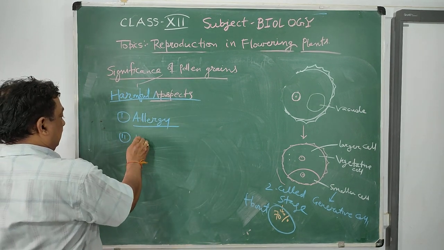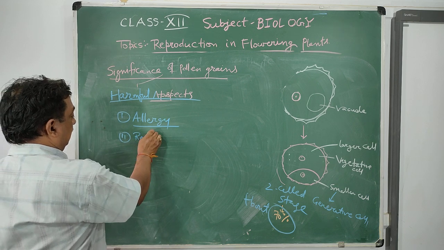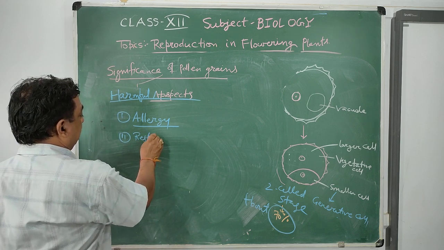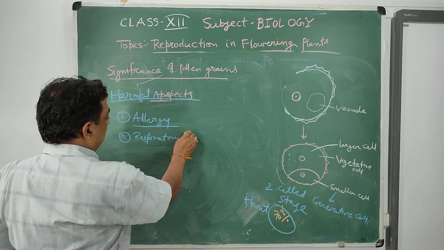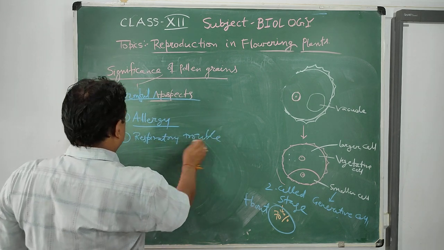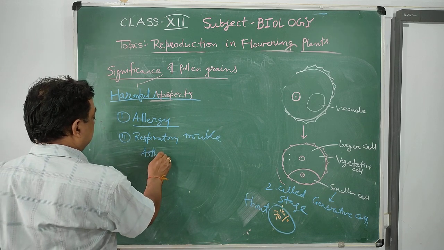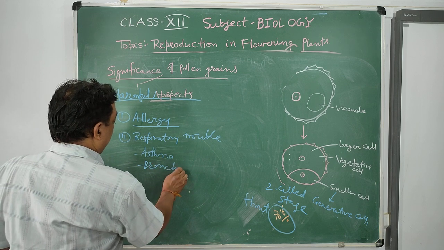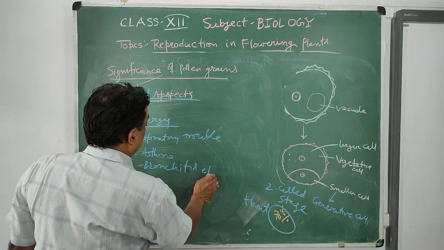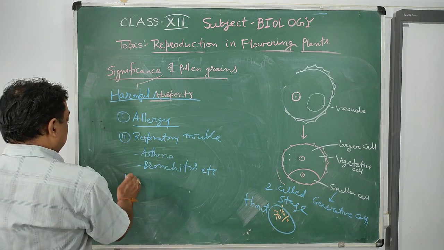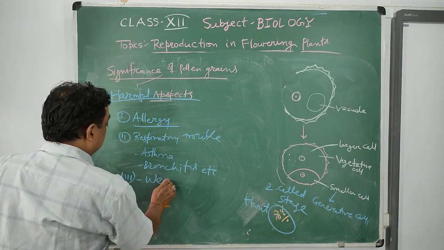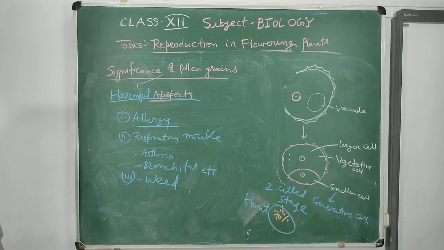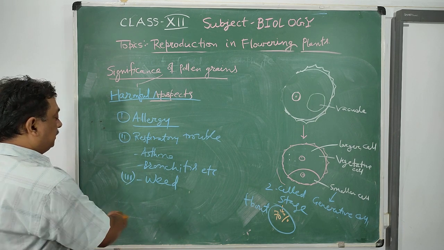It causes respiratory trouble like asthma, bronchitis, etc. Some pollen grains act like weeds, which get incorporated in wheat or other plants, so they inhibit the growth of other useful plants.